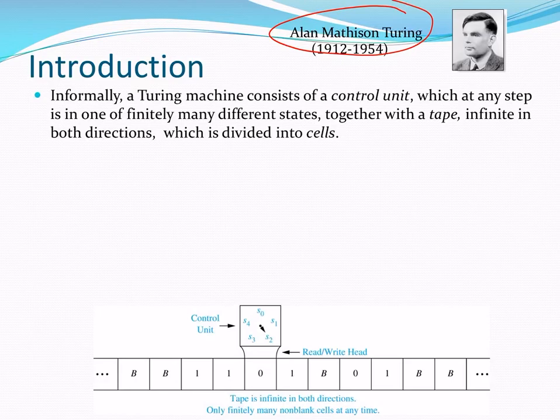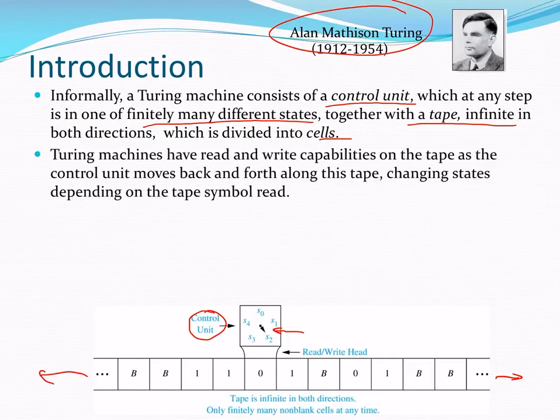Informally, a Turing machine consists of a control unit that can be in finitely many states. It has an infinite tape in both directions divided into cells, and we see these items depicted at the bottom: the states have some kind of indicator in the control unit, there is a read and write head, and then this tape divided into cells that extends infinitely in both directions.